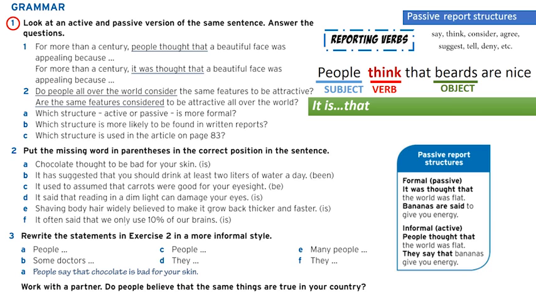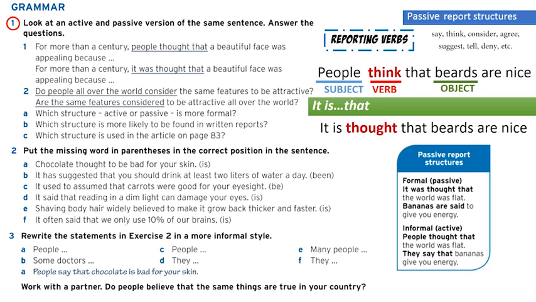It is that. This verb can be in past, was also. For example, if we say people think that beards are nice, another way to say it is just to say it is thought that beards are nice. As you can see, the only thing that we're doing is changing think to thought, to past participle. And like we already have is, this is making the passive voice.